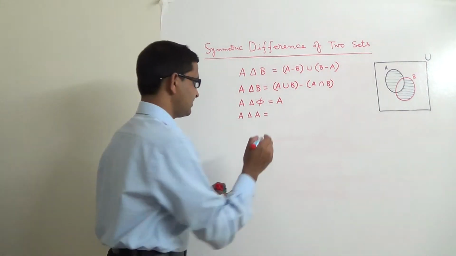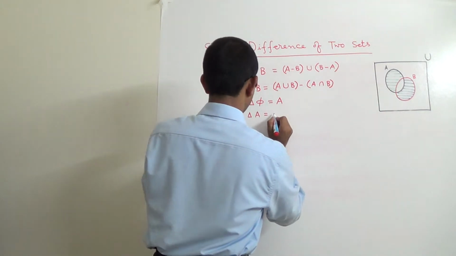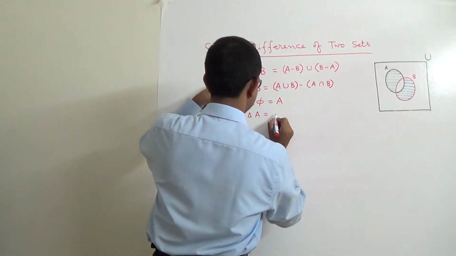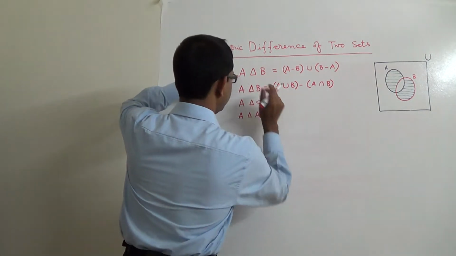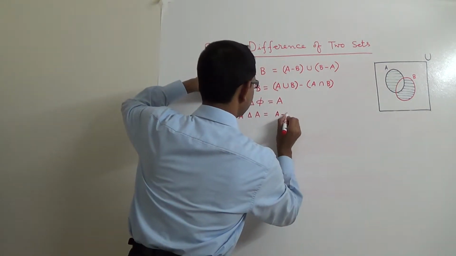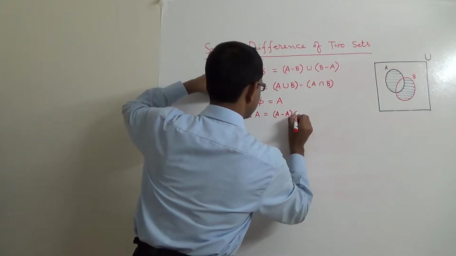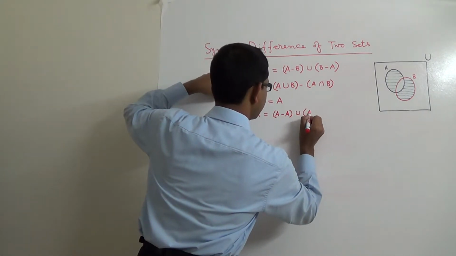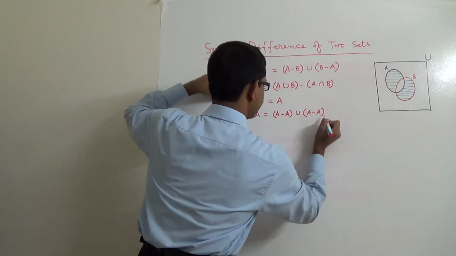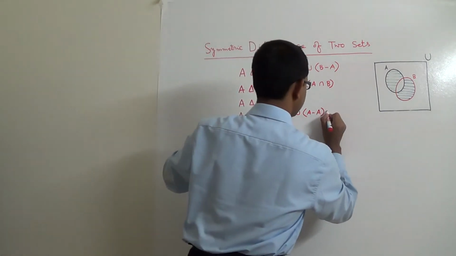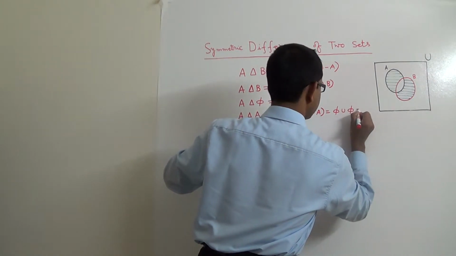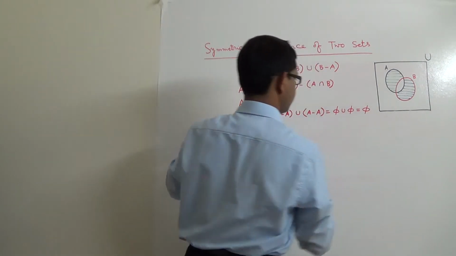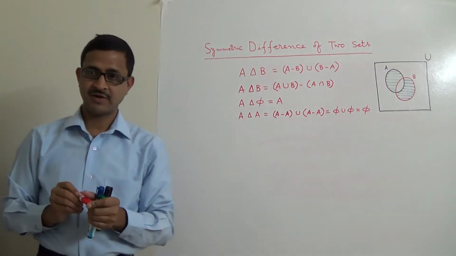Phi union phi is nothing but phi. According to this definition, if I put A in place of B, I will get A minus A union A minus A. A minus A is nothing but phi, that is equal to phi union phi is equal to phi. Correct?